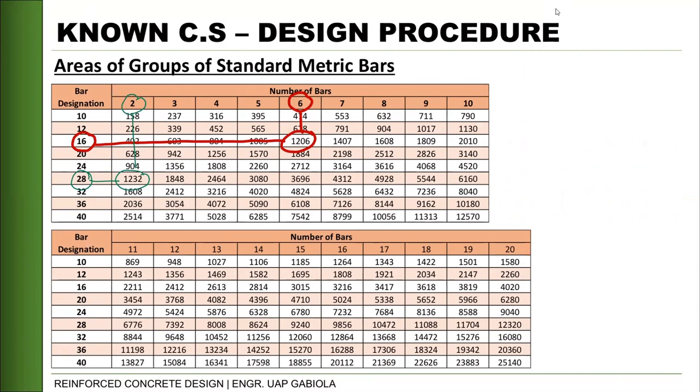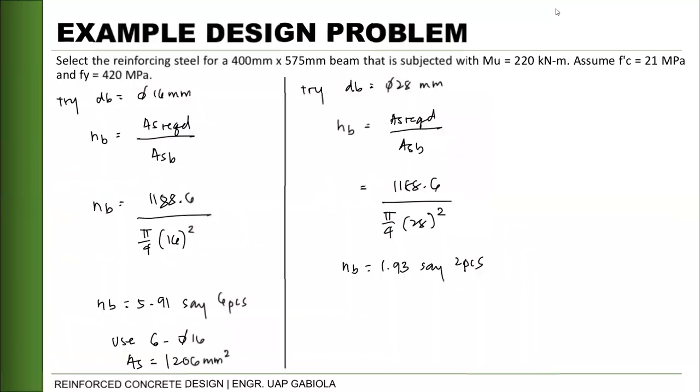Here the total area is 1206 for 16 and 1232 for 28. If both are possible, 16 rebar is cheaper, so it is much better to use 6-16 for our section. But when the problem controls the rebar diameter, you just need to use what the problem states. For our case, we will use 6-16 as our reference rebar.